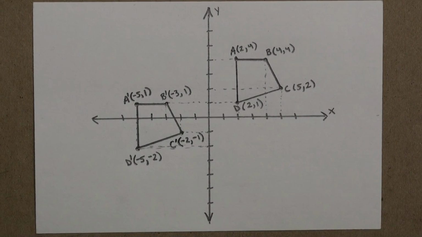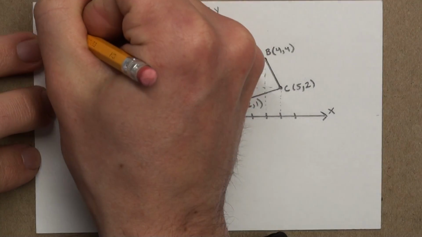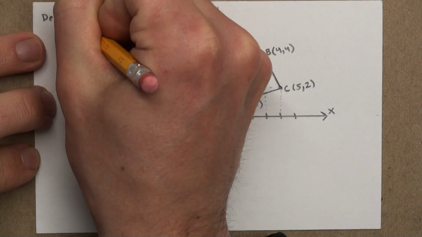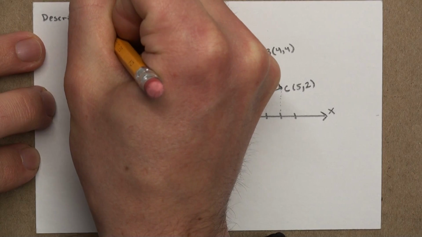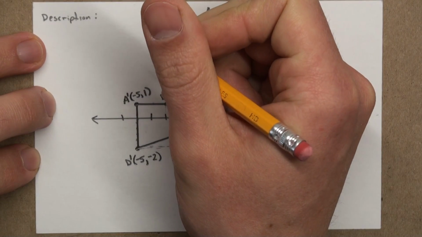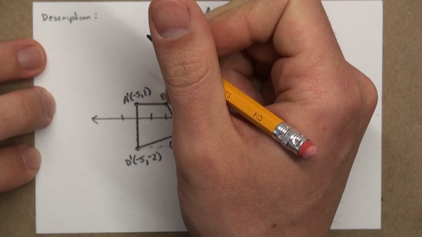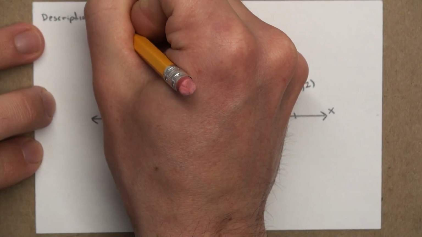So first, it could be written as a description. So let's put that up here. We can just say 7 units to the left and 3 units down.